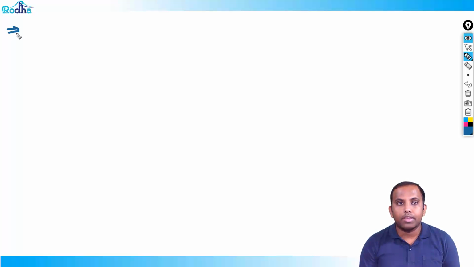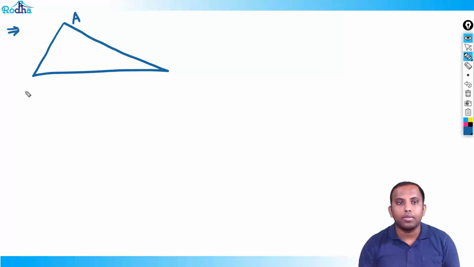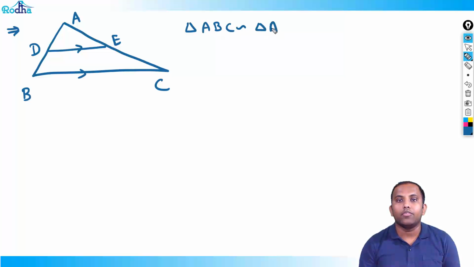See, I'm making that diagram again. This is triangle ABC and BC is parallel to DE. By now we know that triangle ABC is similar to triangle ADE. Why similar?